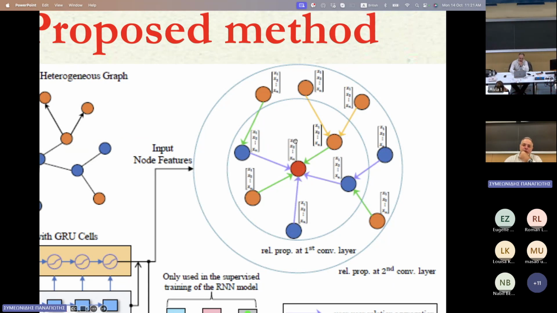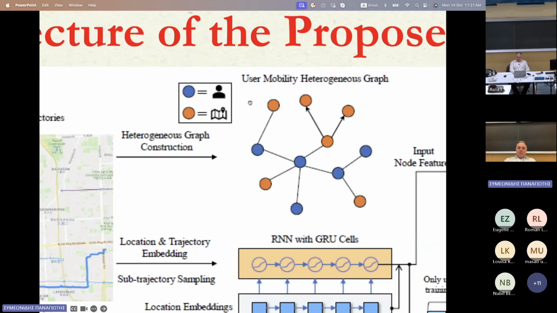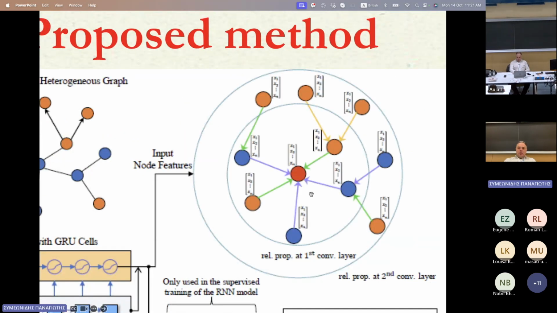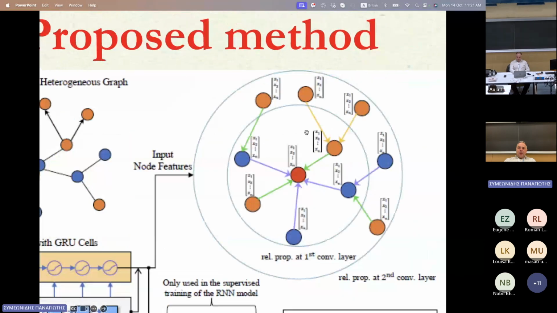And what we want to do is to make predictions about the vector of the target node. Somehow we need to propagate the information that comes from different types of nodes. We have the orange nodes, which are points of interest, and the blue nodes, which are the users.